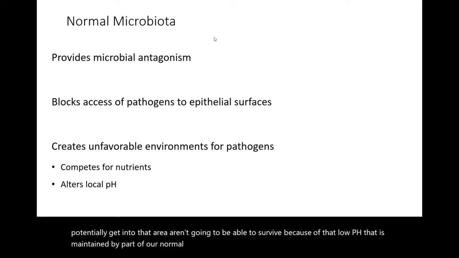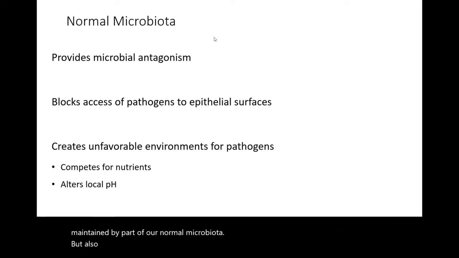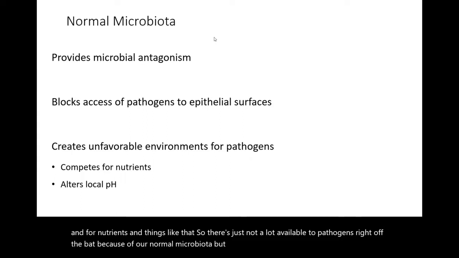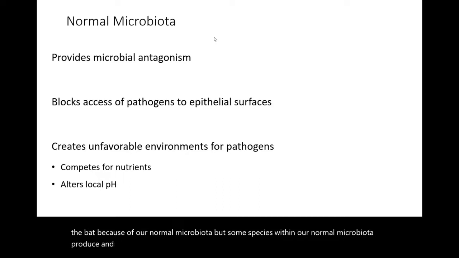Okay, but also for other parts of the body, our normal microbiota are competing for space and for nutrients and things like that. So there's just not a lot available to pathogens right off the bat. But some species within our normal microbiota actually produce and release antimicrobials that are harmful for organisms that aren't normally found in that area.